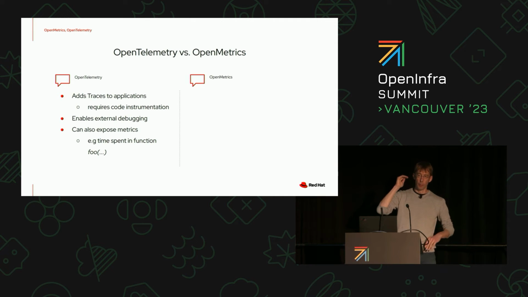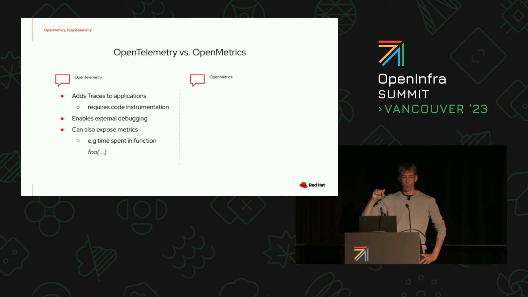If you would be using something like OpenTelemetry, you would be able to trace and see, oh, there's an API request going to Nova, or there's an API request going to Cinder, and then it's spawning a connection to Keystone, and then it's doing the connection to the database, and you would be able to see where things are being slowed down.